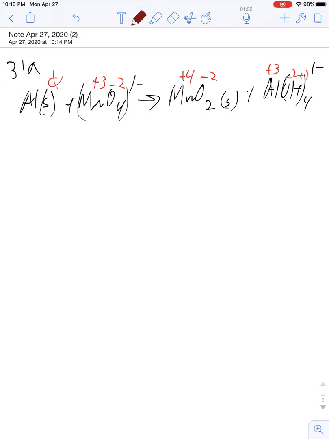So that's why the aluminum is a +3. So we need an oxidation and a reduction.